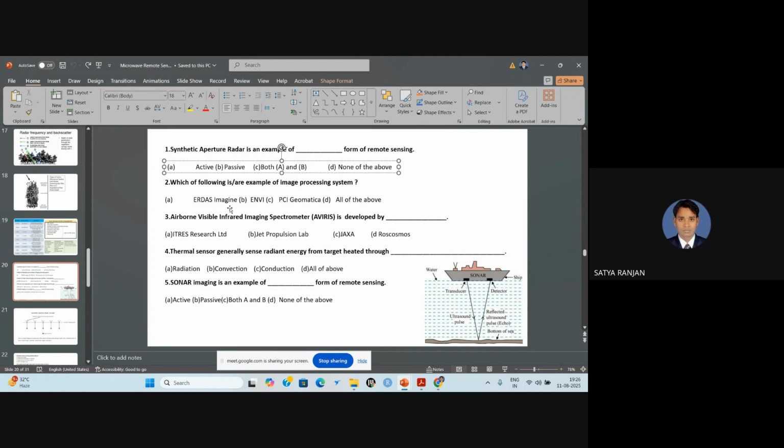ERDAS Imagine, ENVI, PCI Geomatica. Image processing can be conducted in all these software, like ERDAS Imagine, ENVI, and PCI Geomatica. So the answer is all of the above.